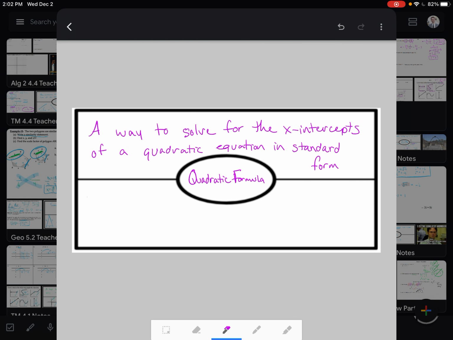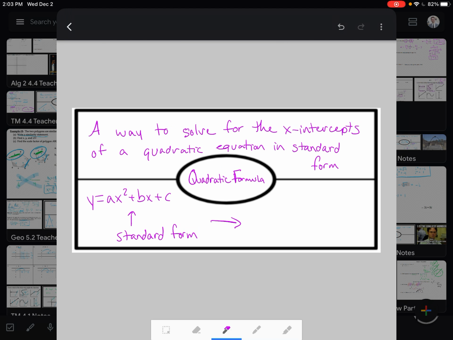So if you're looking at something like y equals ax squared plus bx plus c, that is your standard form. And once you have it like this, you can solve for what x is equal to.